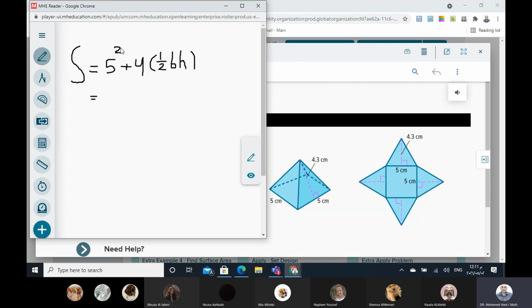Now 5 squared means 5 times 5, which is 25, plus 4 times 1/2 will be 2, times the base of the triangle, which is 5, times the height of the triangle, which is 4.3.